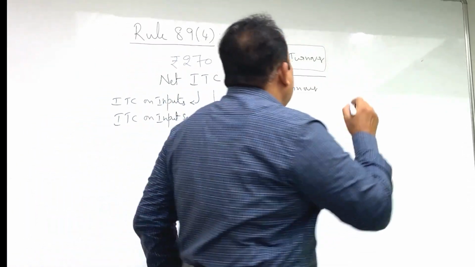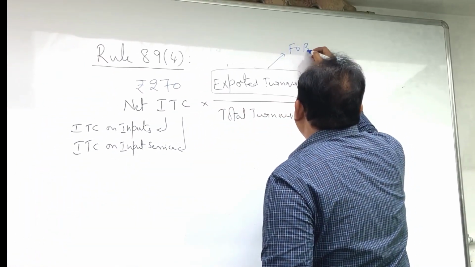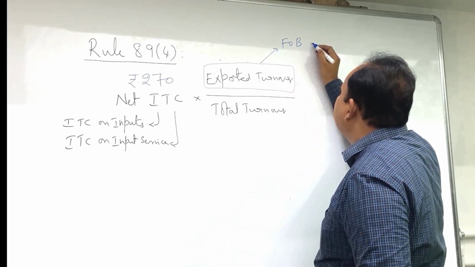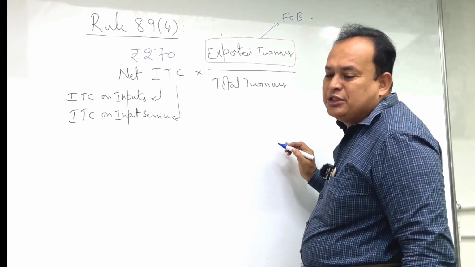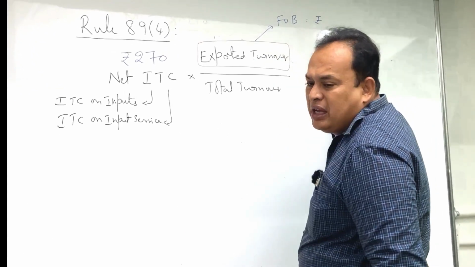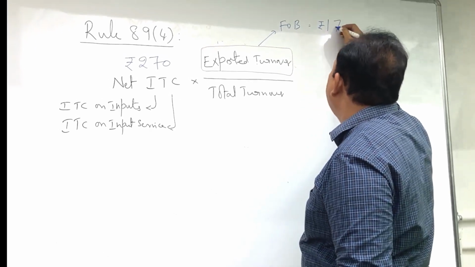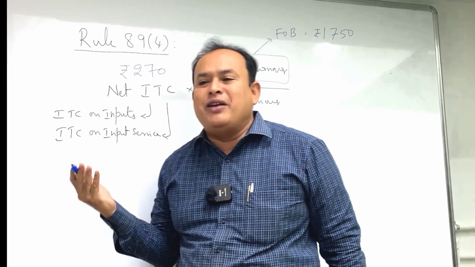Now listen. Here, in the given case, is the FOB value of exports given? They say export is given. Export, how much they have given here? Let us say 1750. Correct? They showed export; export means export FOB value.